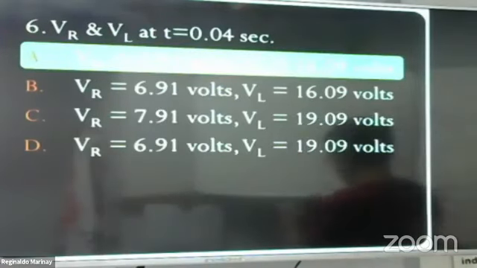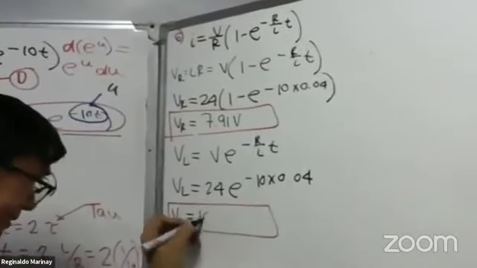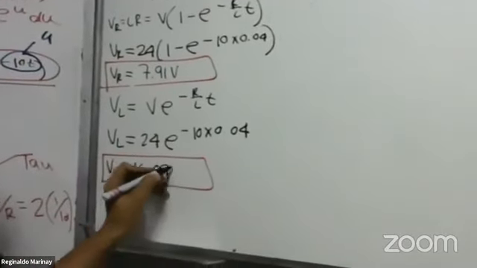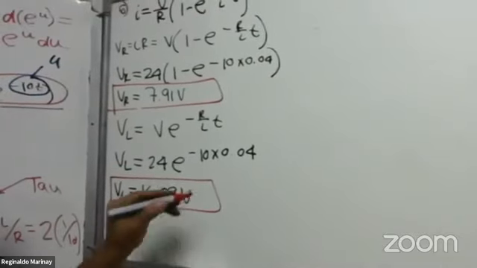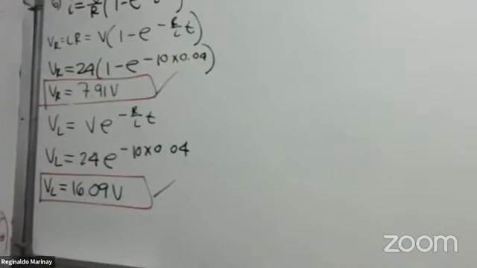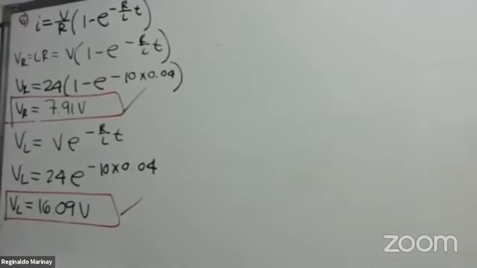Okay. So, our VR is 7.91 volts. Our VL is 16.09. How to check if our answer is right or wrong? Just check? Of course not.